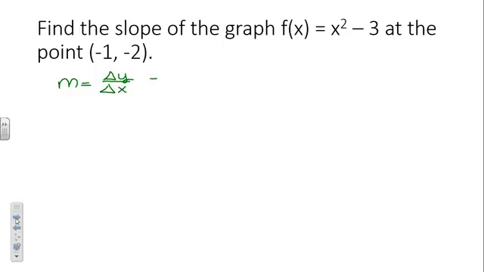That change in x was our h. What's our change in y? Not h, but x. So we're going to plug in our x's here, right? And then we have to work with that function.